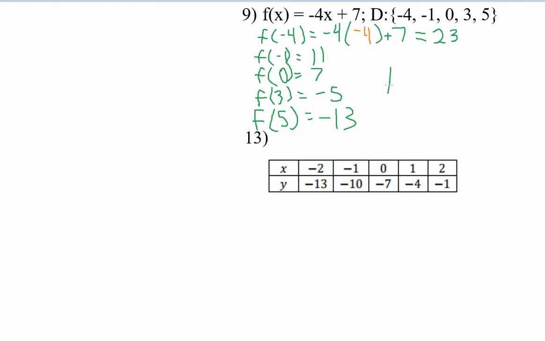So our range would be these 5 numbers in numeric order. So -13, -5, 7, 11, and finally 23. Okay. And that's all we're doing for finding range. You substitute in the values of your domain, get your range, and we can move on.